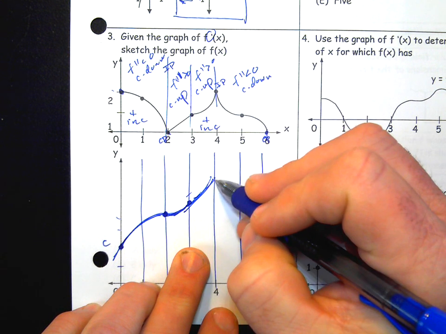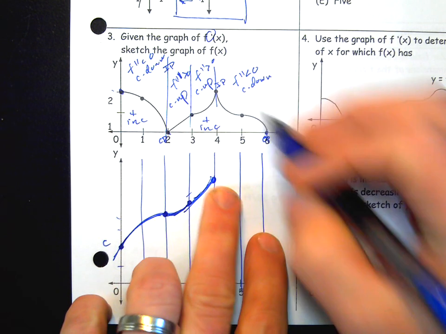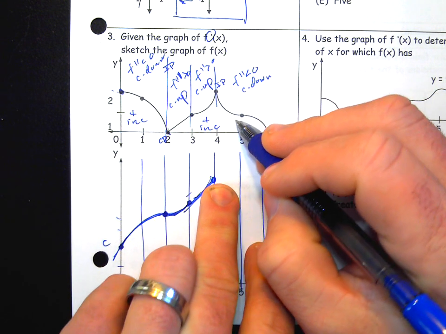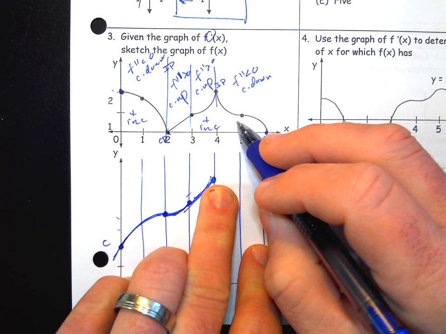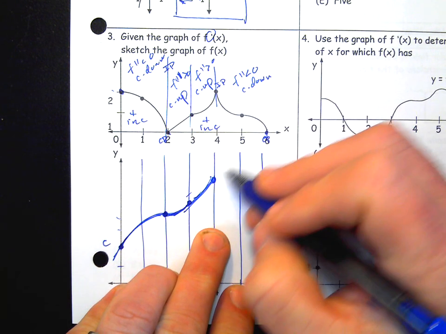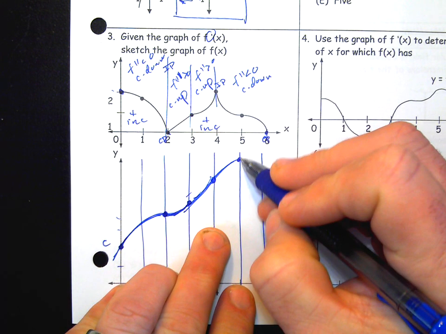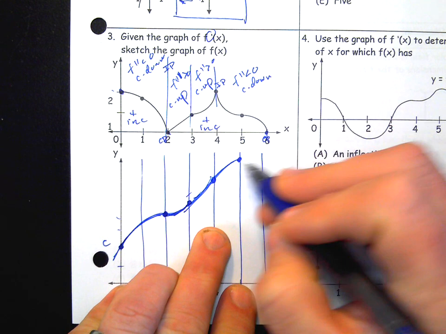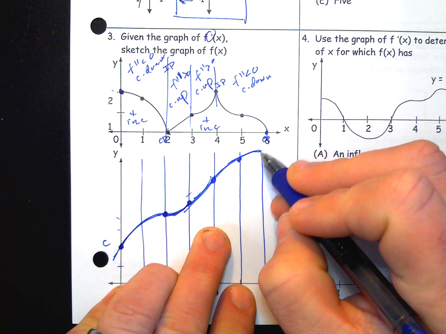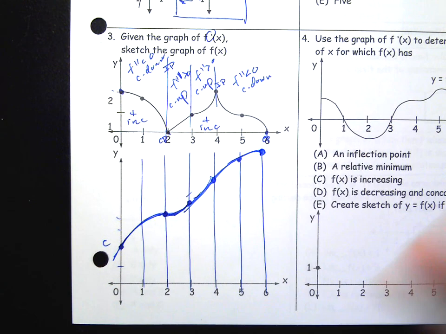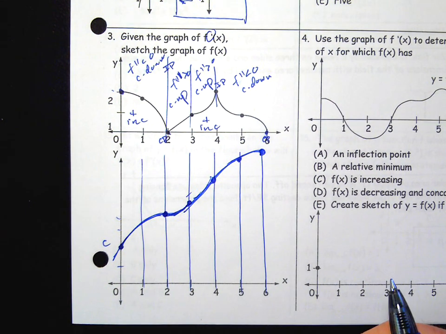So maybe like that. And then it's still going up, but it is concave down to a slope of 1. And then it's still going up, but concave down to a slope of 0. So something like that.